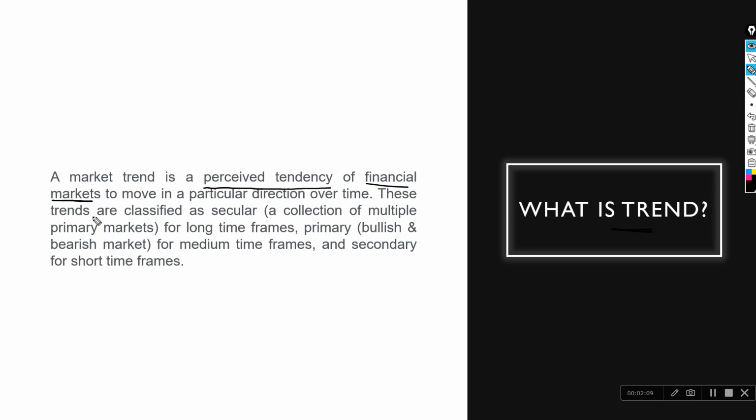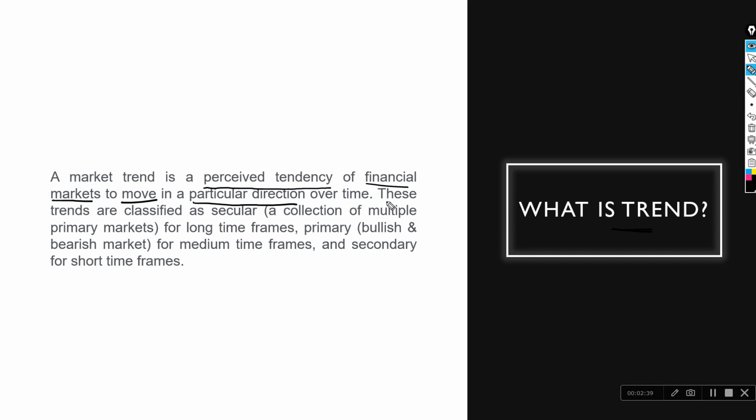As it says, it's a perceived tendency of financial markets to move in a particular direction. I want to draw your attention to this. All your markets move in a particular direction. If you see over a period of time, a decade, 20 years, 30 years, they are long term. These are called long term directions, and they move in a certain particular direction.